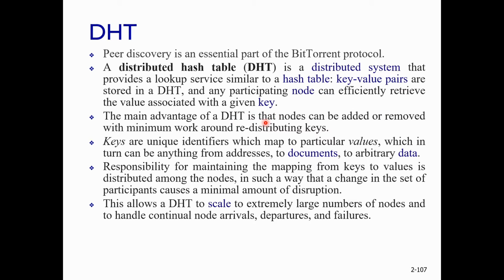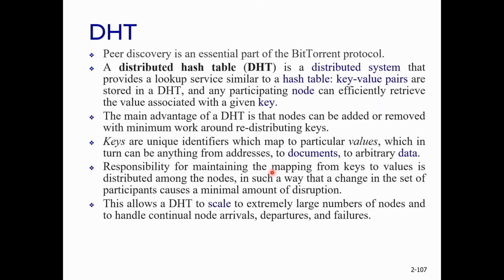The main advantage of a DHT is that nodes can be added or removed with minimum work around redistributing keys. Keys are unique identifiers which map to particular values, which in turn can be anything from addresses to documents to arbitrary data.